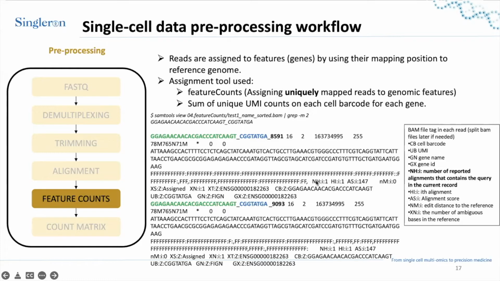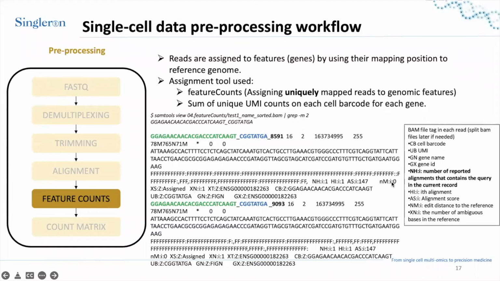And also additionally, with regard to the sequence mapping, we have here NH, the number of reported alignments that contain this sequence in the current record, and then the alignment scores, as well as the NM, which is the edit distance to the genome.